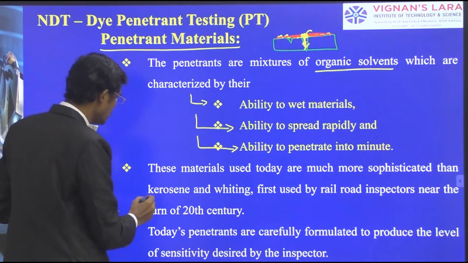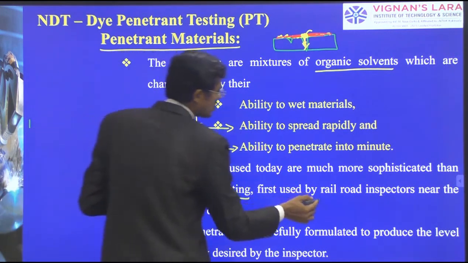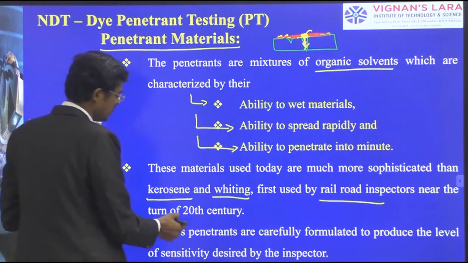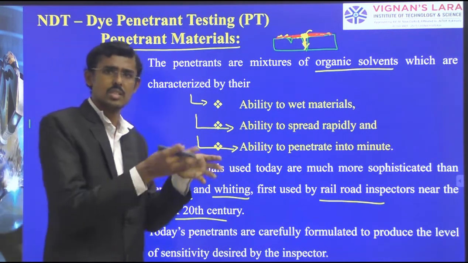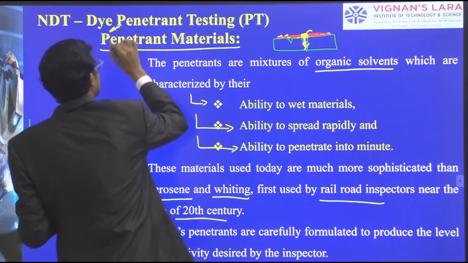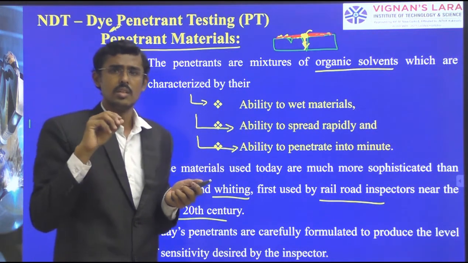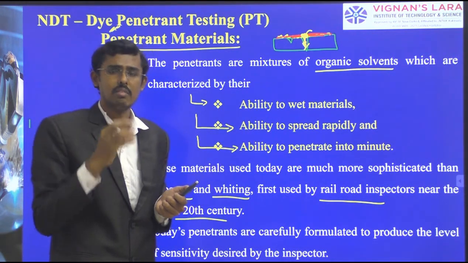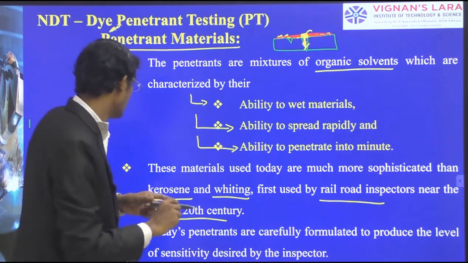They used kerosene and whitening methods, first used in railroad inspections near the start of the 20th century. But in recent years, we are using dye penetrant inspection, which gives contrast in red color, and fluorescent penetrants and dye penetrants for our contrast visibility. It makes the process easier.